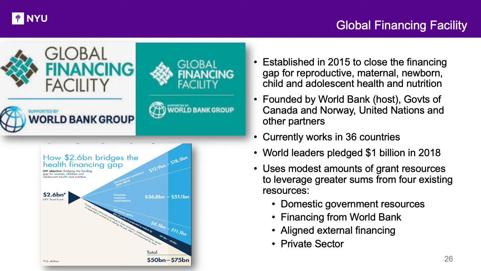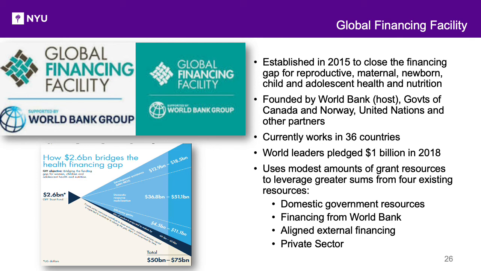There are also other organizations that exist to provide financing. For example, the Global Financing Facility was established in 2015 to close the financing gap for reproductive, maternal, newborn, child, and adolescent health and nutrition. Funded by the World Bank and the governments of Canada and Norway, the United Nations, and other partners, the GFF works within 36 countries.